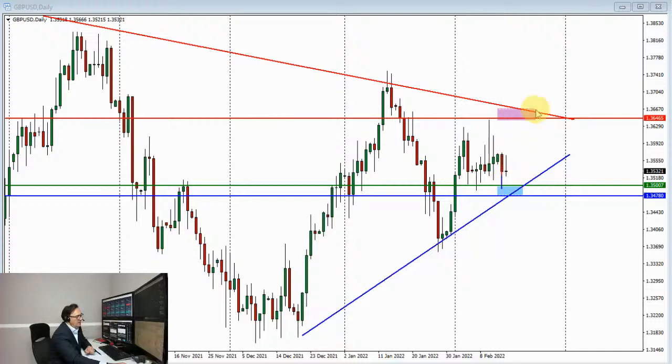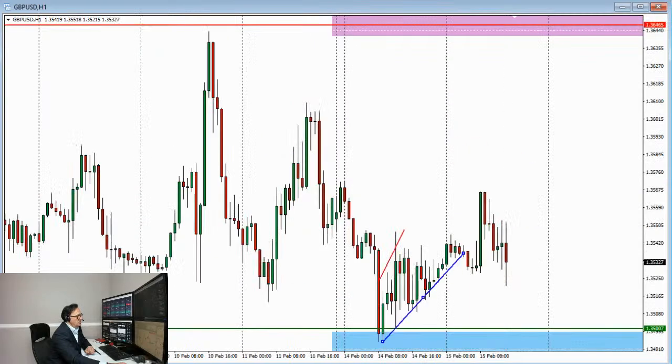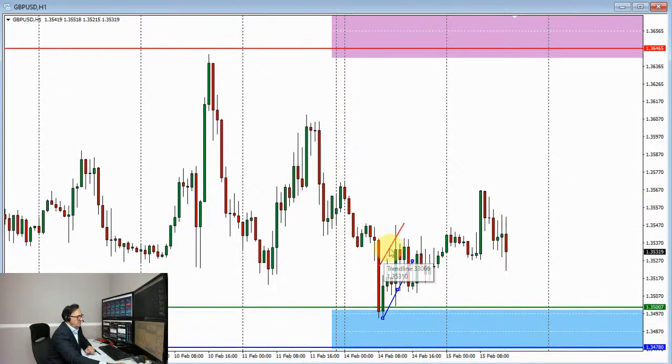So if I see a pullback and a rally from there, a rising trend line, 4 hourly is uptrending as well. We have this consolidation here. And I would like to see if we get a breakout to the upside. Not 100%, but I was looking at UK unemployment figures to give me the reason to trade.